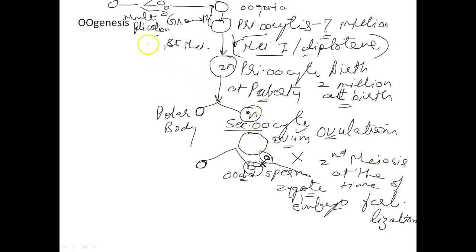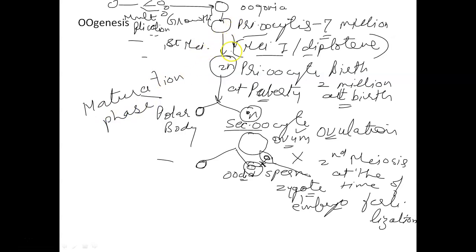These are the different phases: before birth, after birth, at puberty, then before fertilization. The stages are the same: multiplication phase, then growth phase, and then maturation phase. Actually, the maturation phase has so many arrested stages. Why?